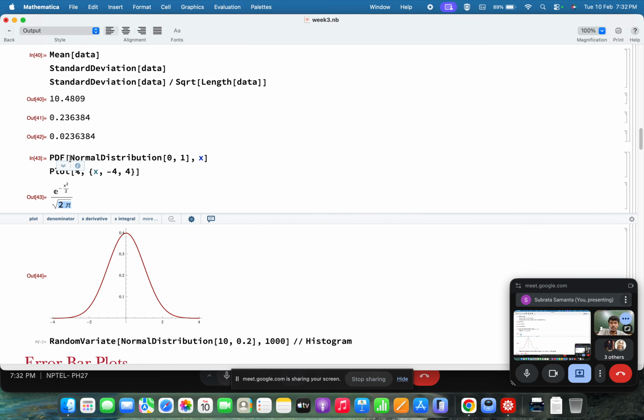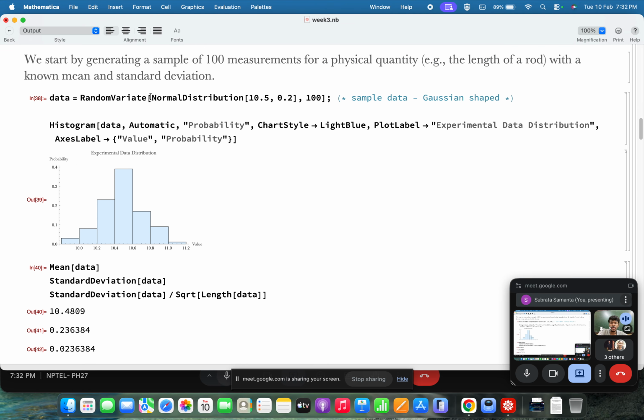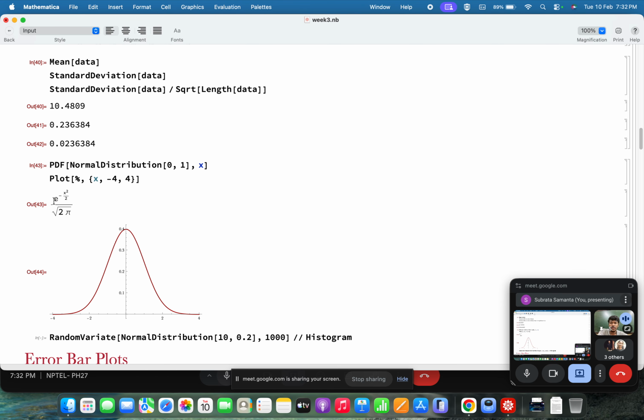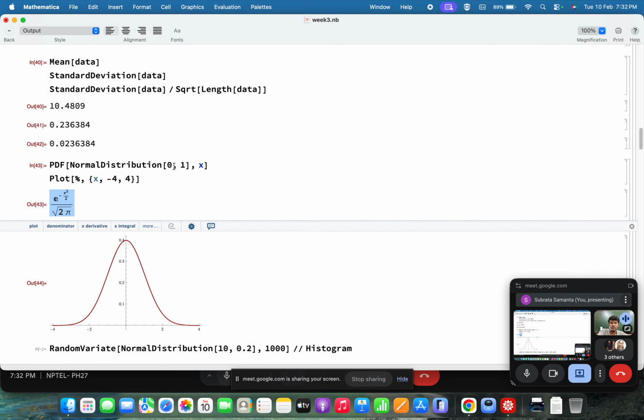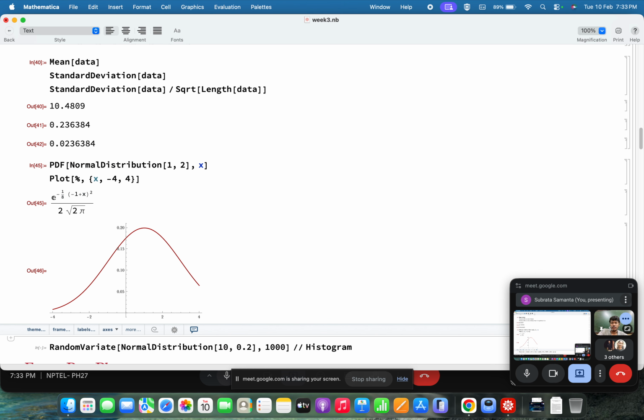So, you see that in all cases when we call these normal distributions, we are basically calling this. So, let us say I have a mean of 1 and a standard deviation of 2. So, this is basically the square root of 2 pi, because here it is 2 pi sigma square, and then your x minus your mean, which is 1.